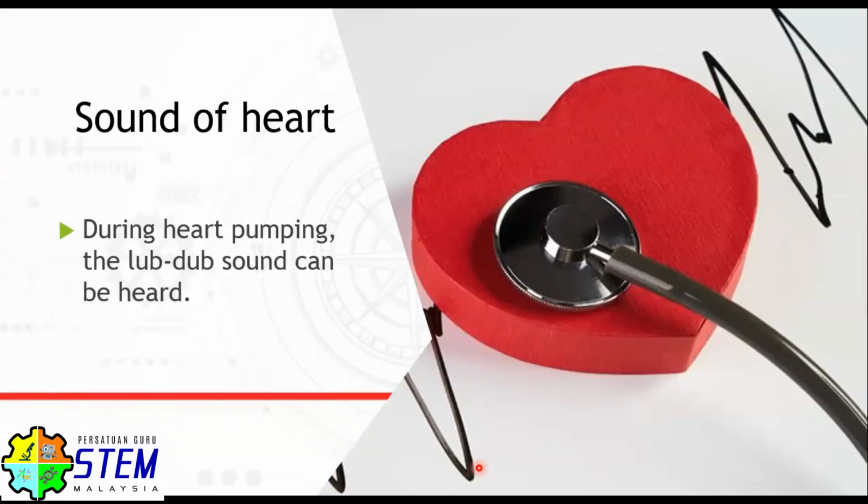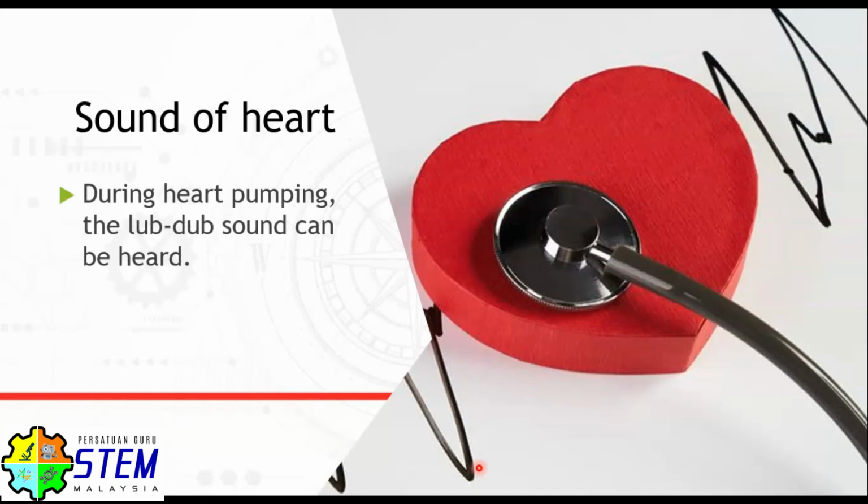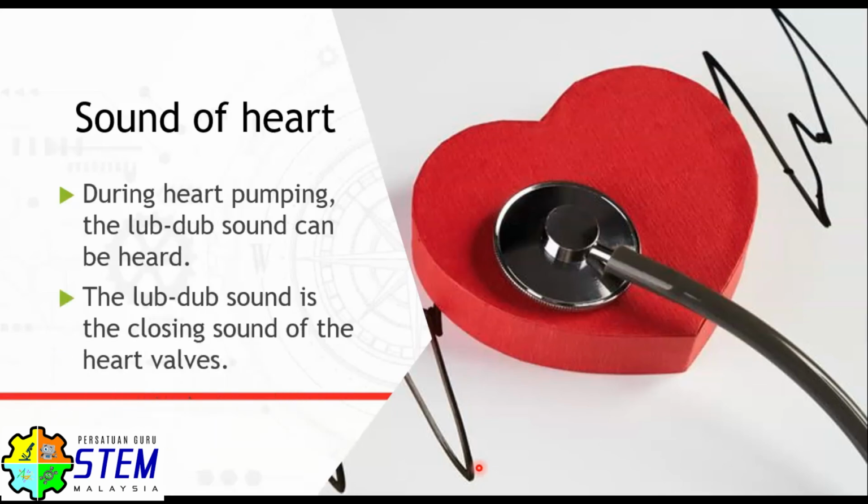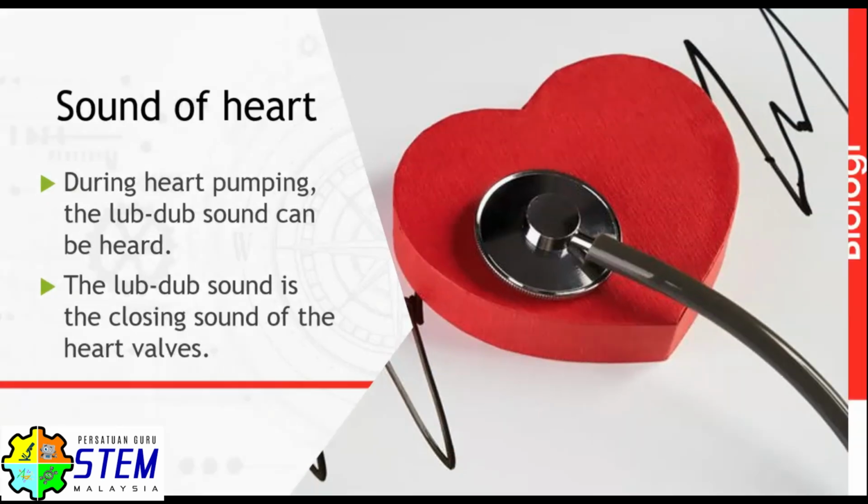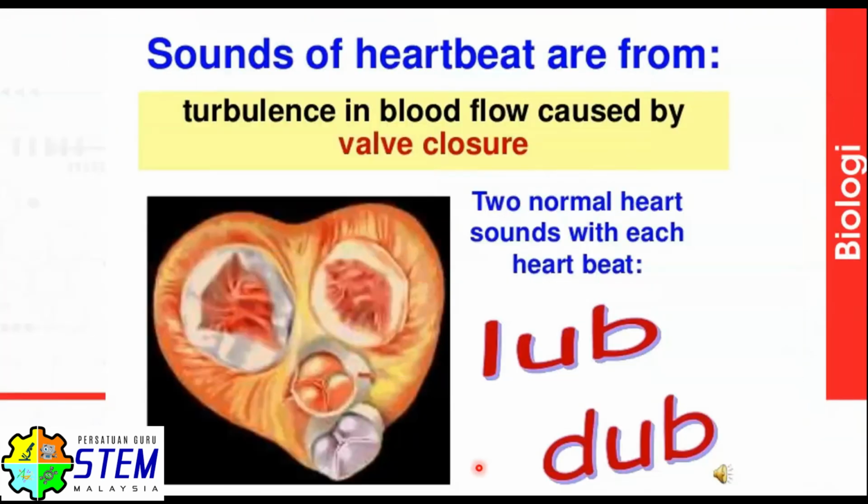Sound of the heart. During heart pumping, the lub-dub sound can be heard. The lub-dub sound is the closing sound of the heart valves. Sounds of the heartbeat come from the turbulence in the blood flow caused by valve closure. The two normal heart sounds in each heartbeat are lub-dub.